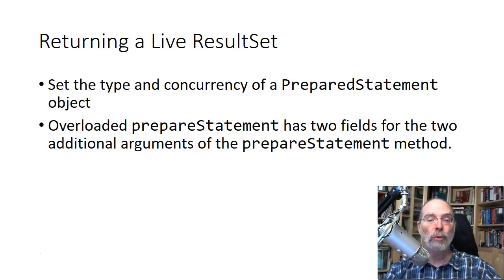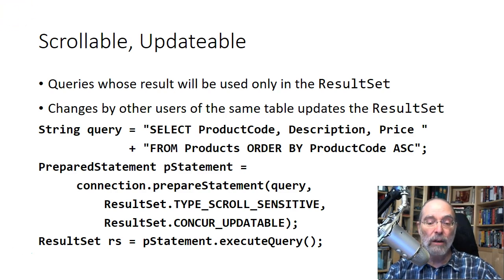It is possible to return a live result set. It is possible to actually edit data in the result set and have that written back to the database. This is not a technique we're going to use. It can make sense in an application where you are not sharing the database. But once you are, you want to take the strategy of connect, get your data, move it into your beans, and get out. Here we can see how we could create a connection or a statement that does allow us to either update or scroll.